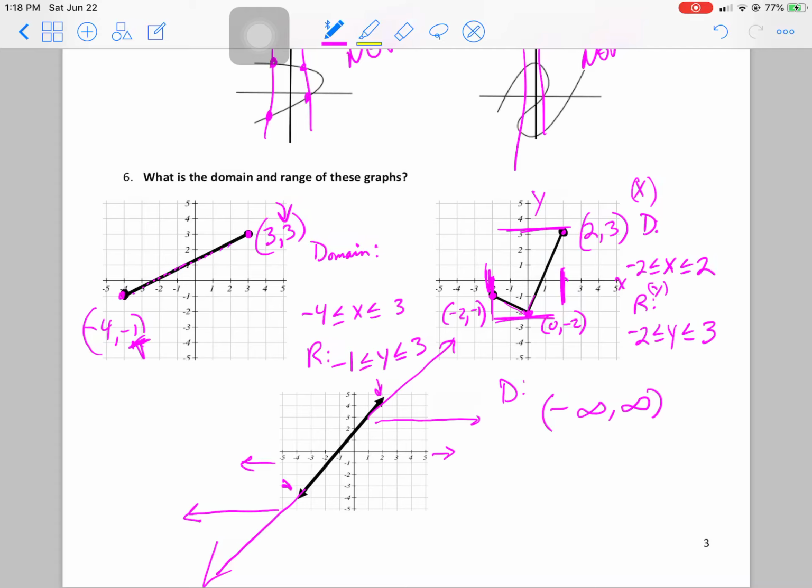So that's the domain. How about the range of a line? This is a line, right? Well, it's going up forever and it's going down forever. That way and that way, right? So that's its domain and range, okay, of a line.